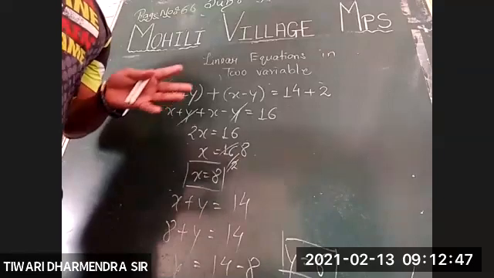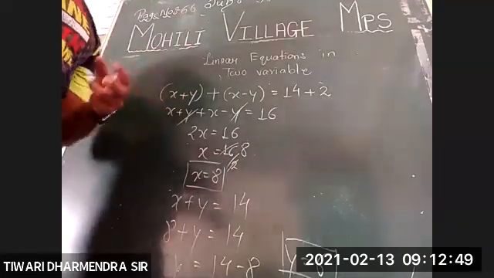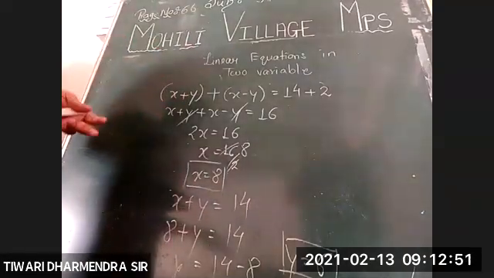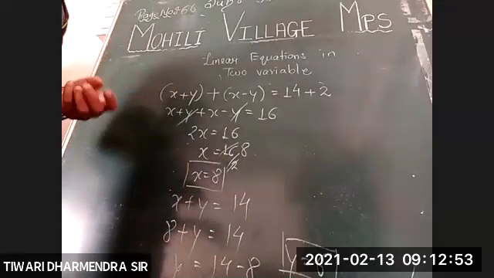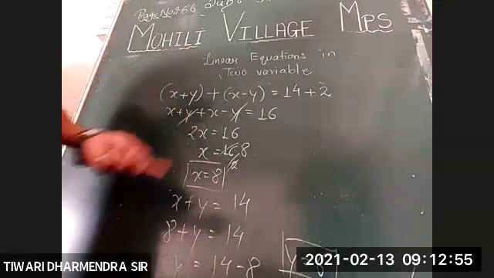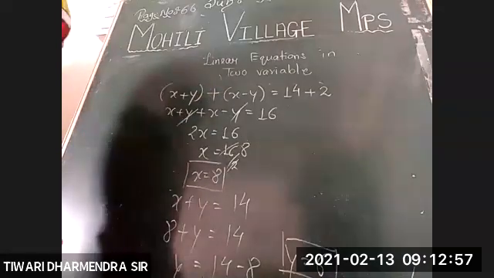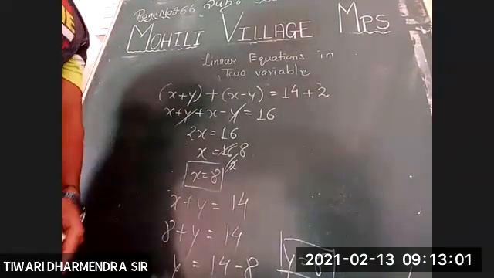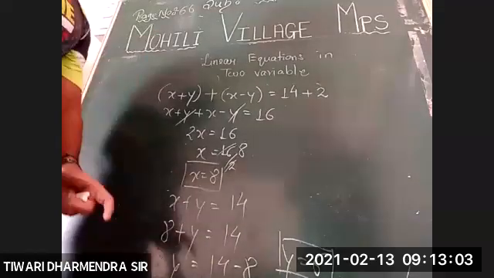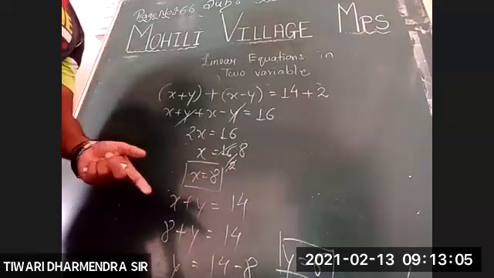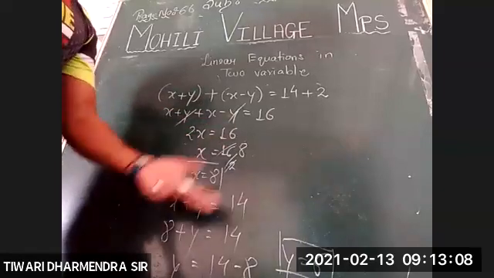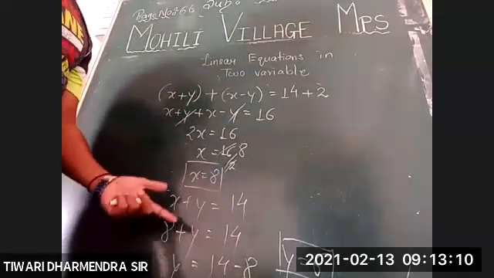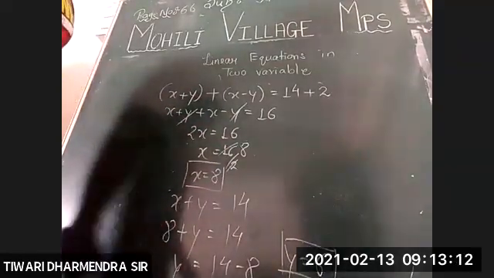So they start searching. Instead of searching, you can see that it can be easily solved using linear equations in 2 variables. So these are all real life examples which we use in our daily life, and mathematically it is given in the form of equations, and we solve to get the values.